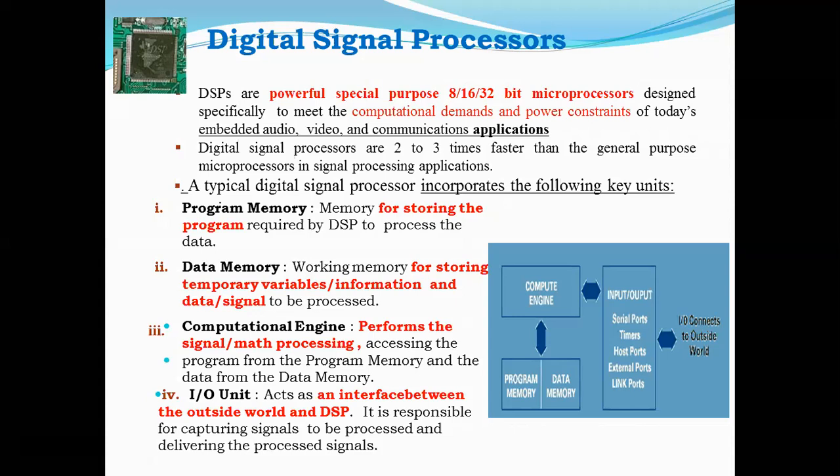Therefore the compute engine does the DSP math processing. And you also require the IO unit. Why is it required? If the DSP has to communicate with the outside input and output ports, then a separate interface is required for the DSP, right? So these are all the main components of the digital signal processor.